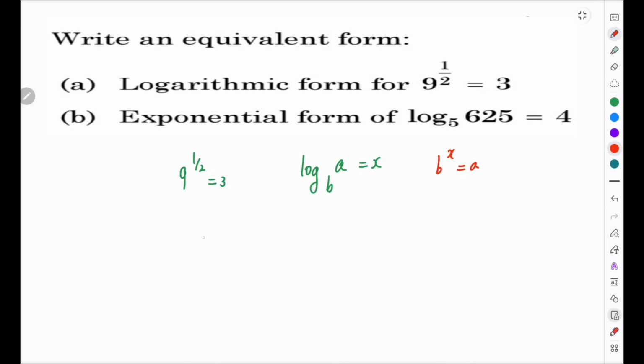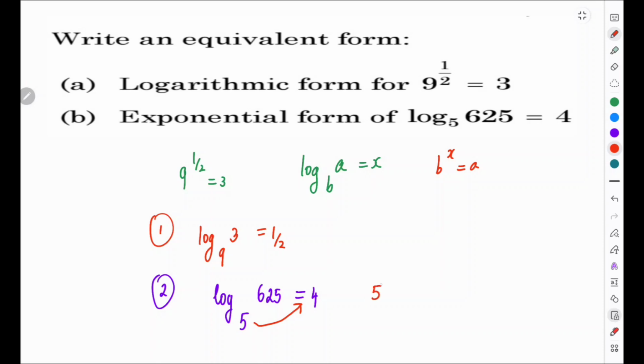So here, log 3 to the base 9 is nothing but half. This is the answer to the first one. For the second one, log 625 to the base 5 is equal to 4. This is the given question. This 5 goes here and lifts this 4, which is equal to 625. So this is the exponential form, right?